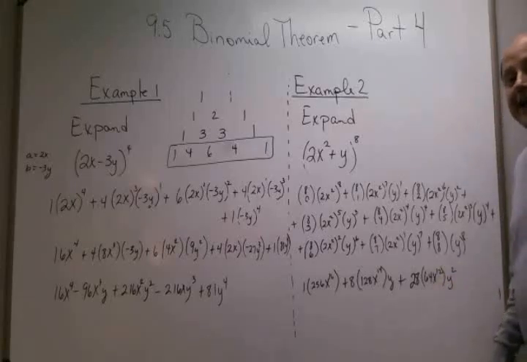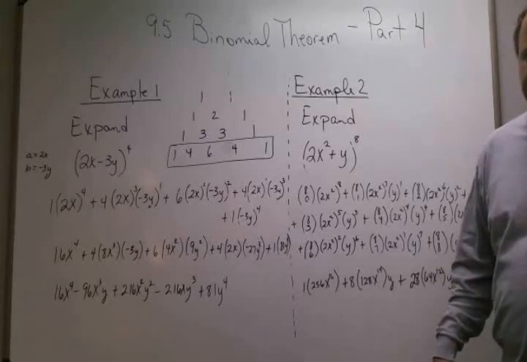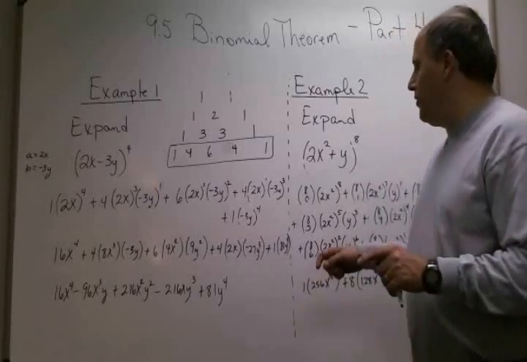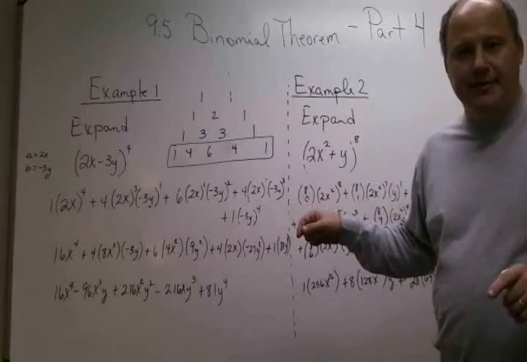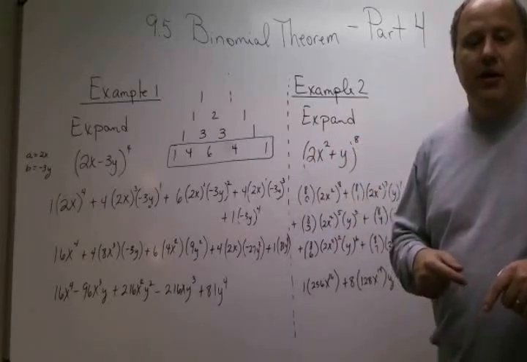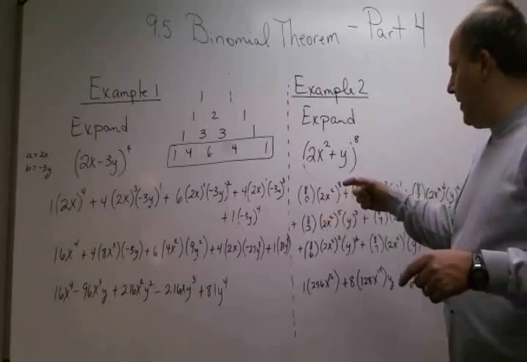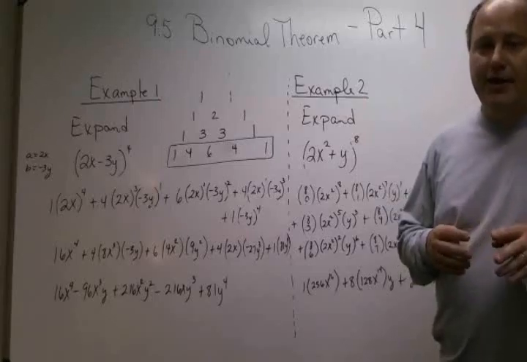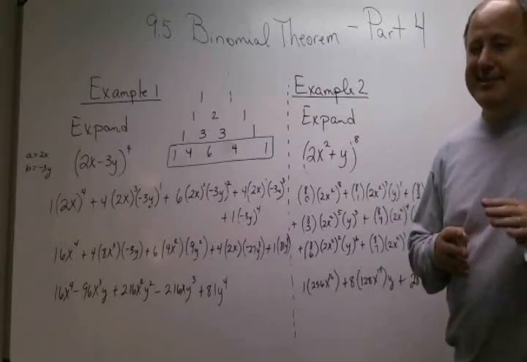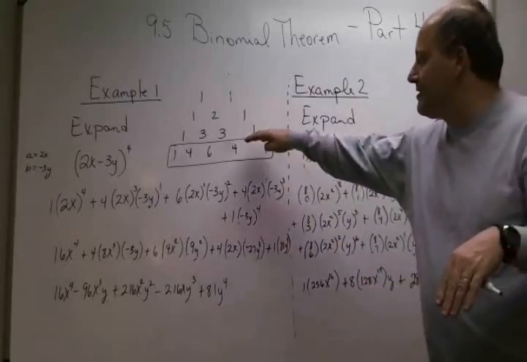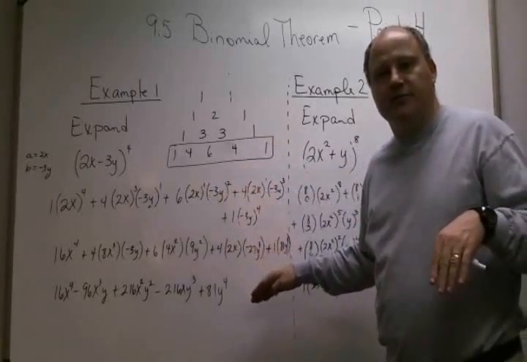Now, as you can tell, you don't want to be doing too many of these types of problems. As a matter of fact, on your homework, the degrees seldom get over 5. I did the one with 8 just to make a point. When the degrees get to 8, you really don't want to go the Pascal's triangle route. The way I usually do it, if the degree is 5 or 6, 6 is kind of iffy, if it's that number or less, I will use Pascal's triangle to come up with those coefficients.